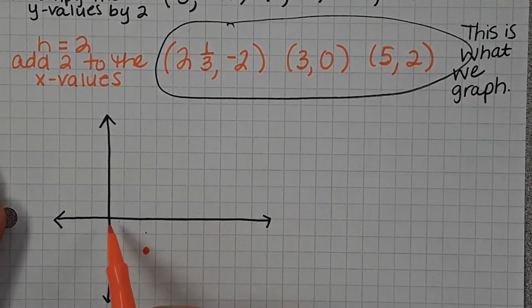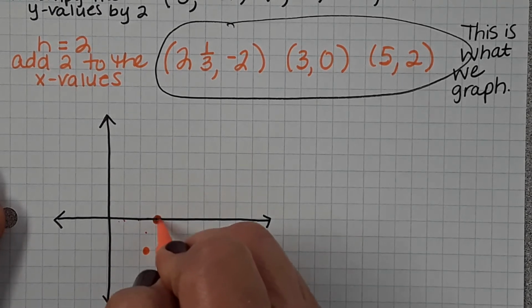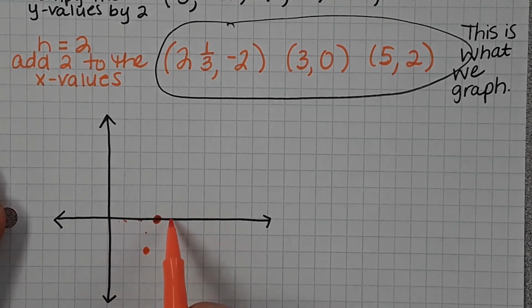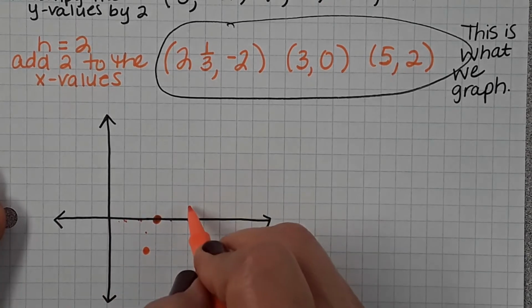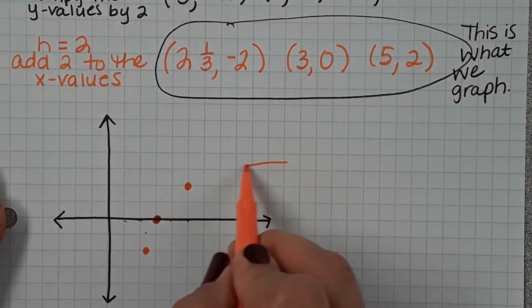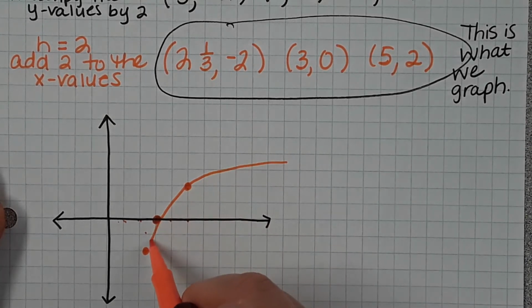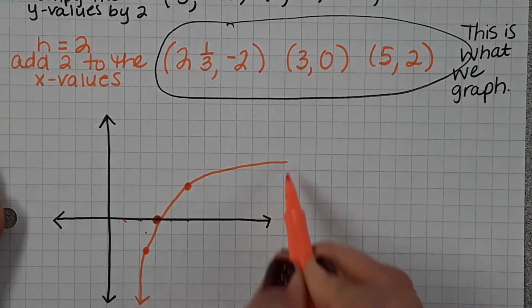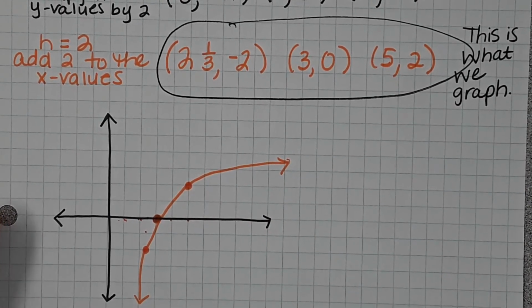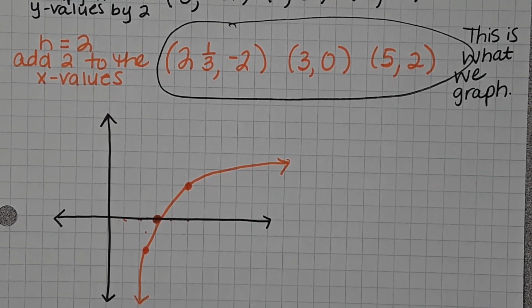Then 3, 0. 1, 2, 3. 3, 0 is right here. And then 5, 2. 1, 2, 3, 4, 5. Up 2. And there's our graph. Do you guys have any questions?